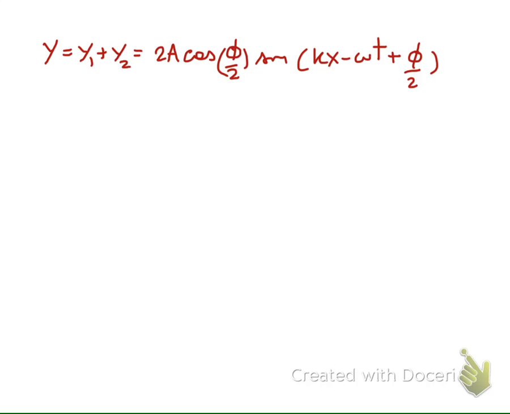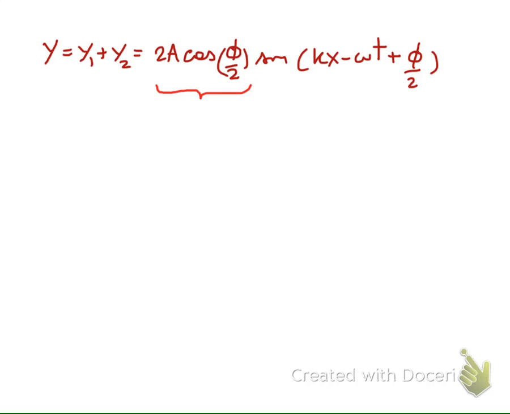You can see that we still have the traveling wave because we have the term sine kx minus omega t, but the phase constant changes, it becomes phi over 2. But what is the most interesting here is the amplitude of this wave. It is a cosine function of the phase difference phi over 2.